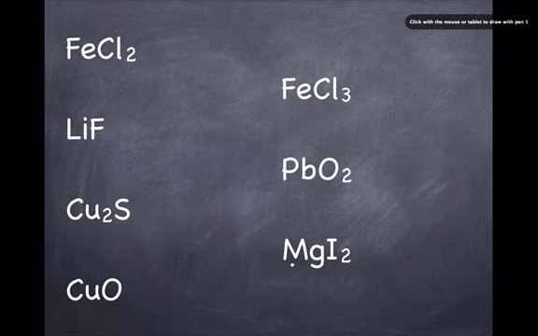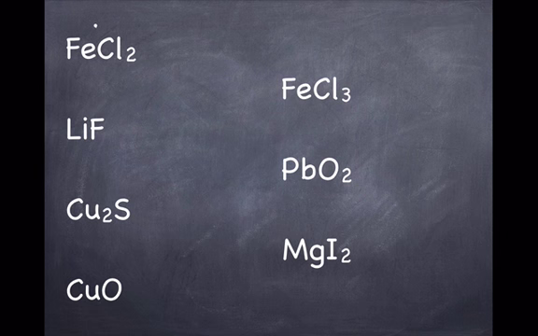So, some practice problems with this. Iron is one of those transition metals that we just talked about. I need to know what the Roman numeral is, so iron, something, and then chlorine becomes chloride.